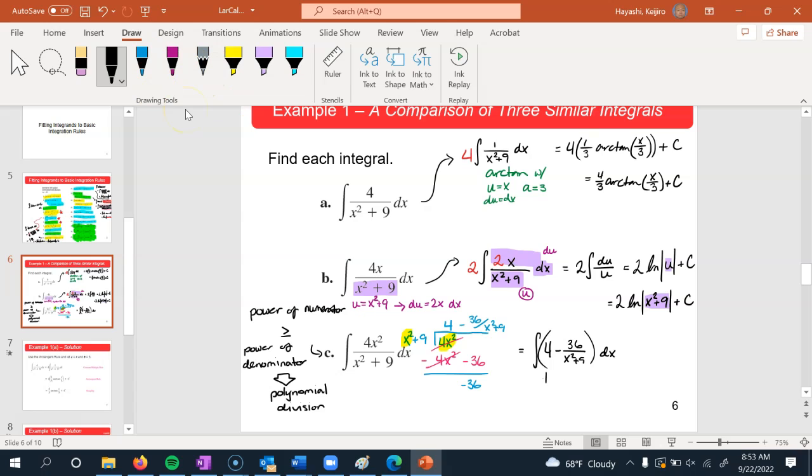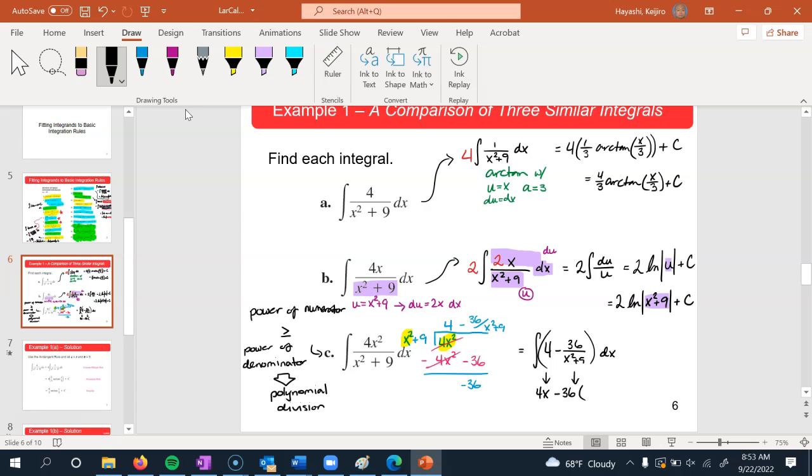The integral of 4 is going to be 4x. And the integral of this minus 36, it's going to be minus 36 times, if you imagine just taking that negative 36 out, you'll have the integral of 1 over x squared plus 9. That's the same thing that it was here.